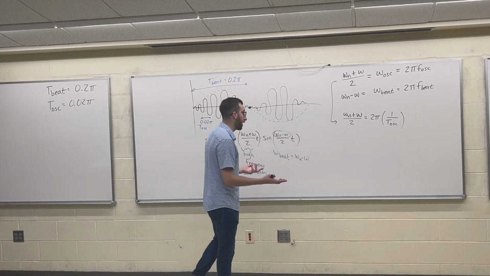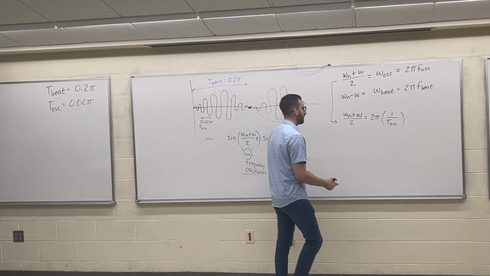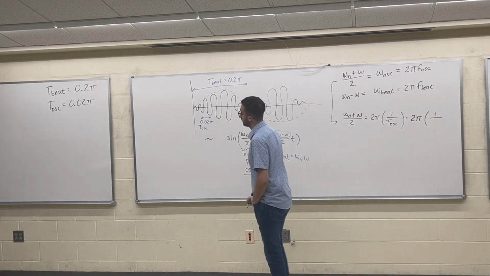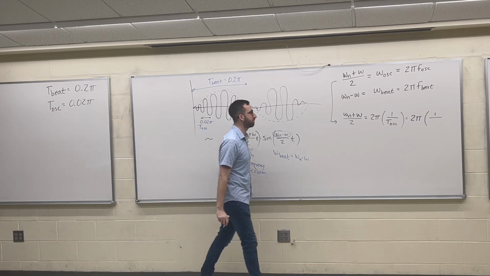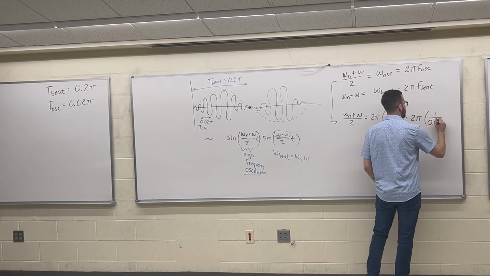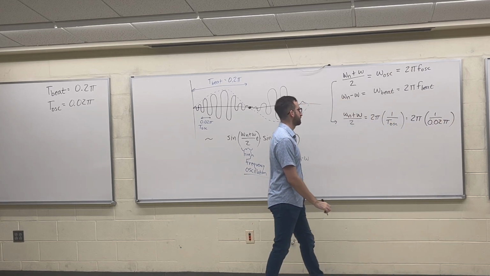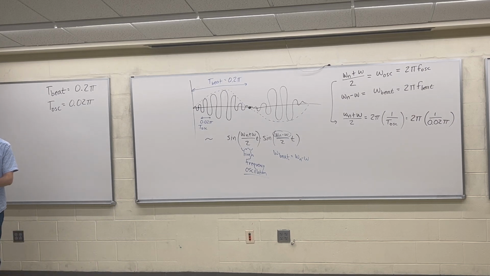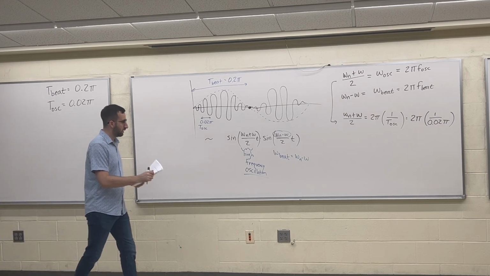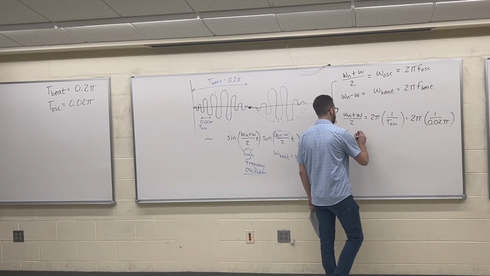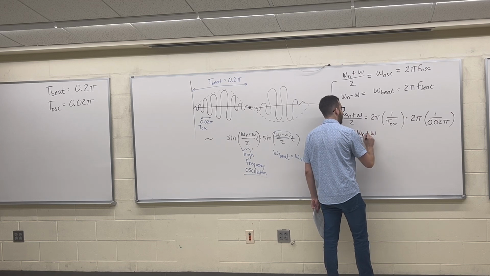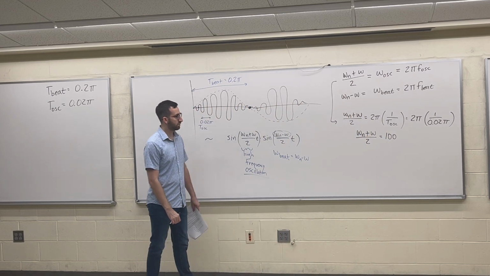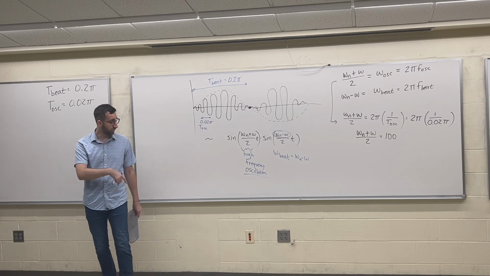So you don't even need a calculator for this problem. Well, maybe for the decimals, but in general, the pi's cancel. This would be 2 pi times 1 over the oscillation period, which is 0.02 pi. And that's 100. So omega n plus omega over 2 ends up being 100, because 2 divided by 0.02 is 100, and the pi's cancel.